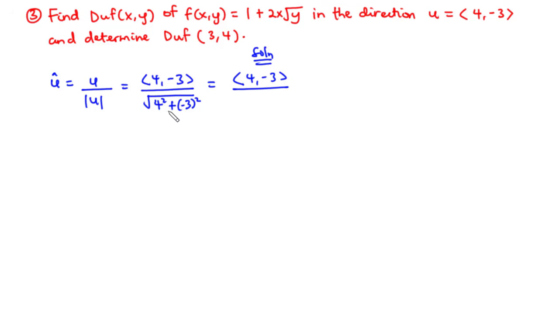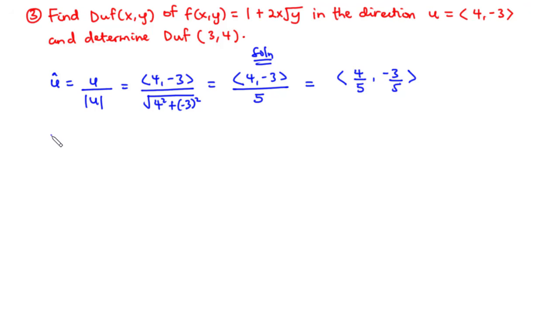Now 4 squared is 16, -3 squared is 9, 16 plus 9 is 25. So we have the square root of 25, and that is equal to 5. Thus we have the unit vector having components 4 over 5, comma, -3 over 5.